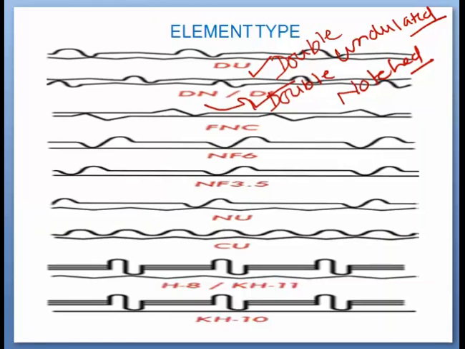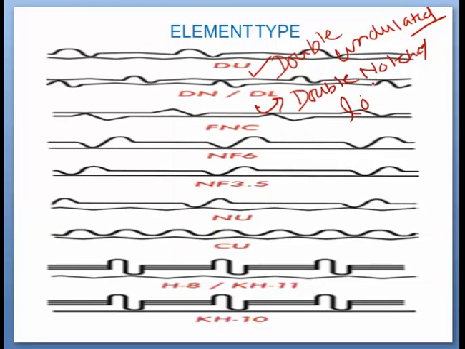So DL represents double notched loose packed. It also offers better cleanability.